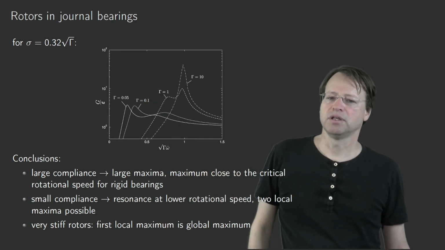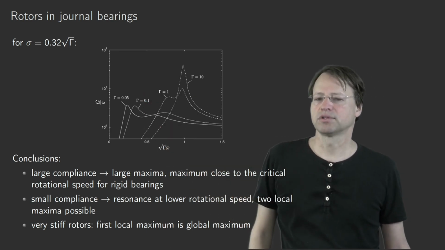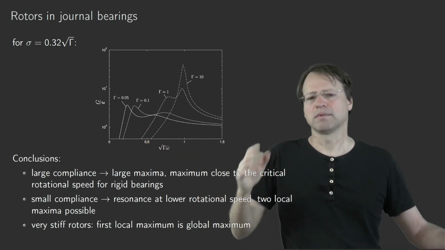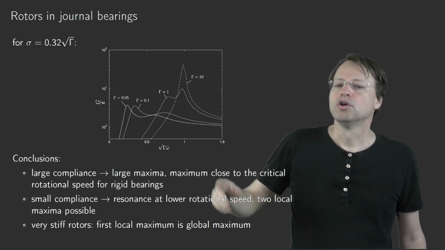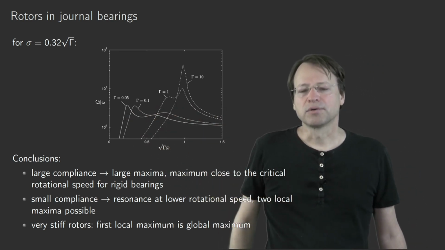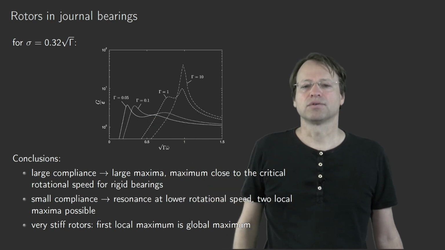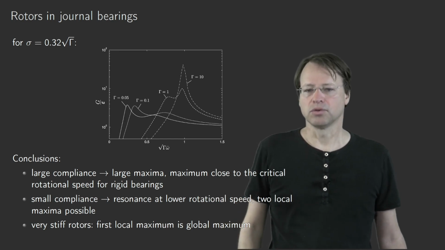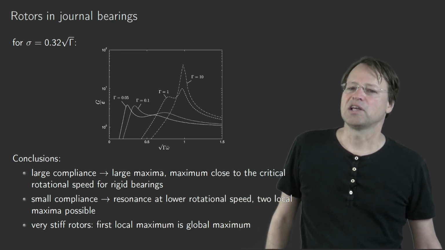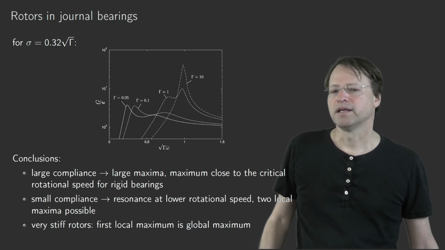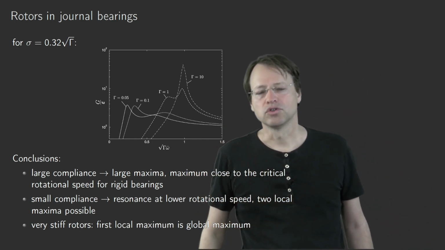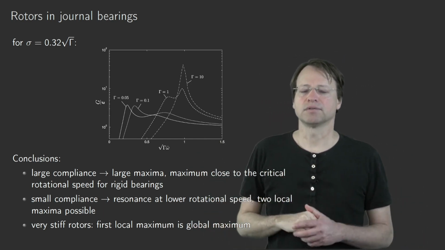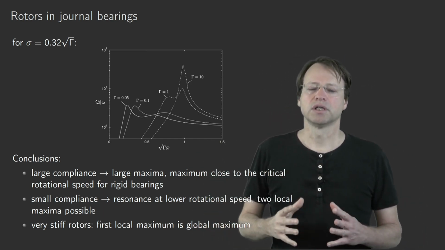So it appears here already at the first maximum, and you can see that either you are below that first maximum, well, that would be rather static, or you are supercritical already if you pass that first maximum here for rather stiff, close to rigid rotors. And therefore you can see that taking the flexibility into account is very important for soft rotors, where you have that very pronounced resonance, but for rather rigid rotors, this is not necessary.